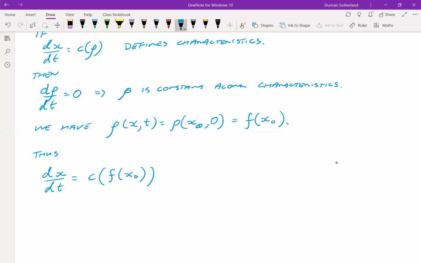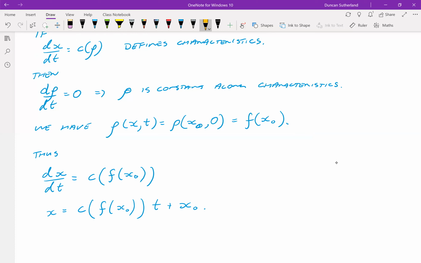Even though we don't know what c is, we know this thing's constant, so we can actually integrate this with time. We can find that our characteristics are thus straight lines with slope given by this or inverse this, depending on how you think of your characteristics. If you think of characteristics x as a function of t or t as a function of x.